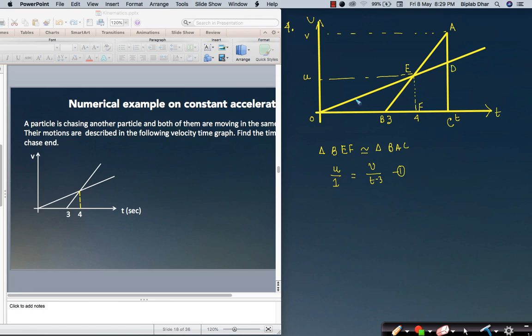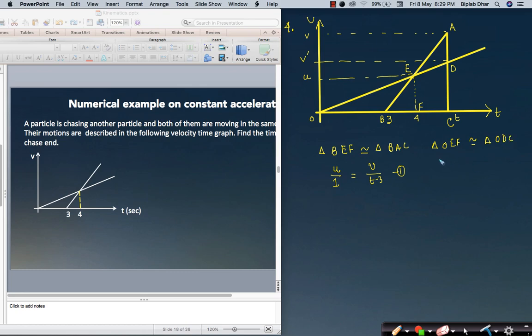Similarly, for this graph, if I say that this velocity is V prime, I can have two similar triangles here also. Triangle OEF similar to triangle ODC.